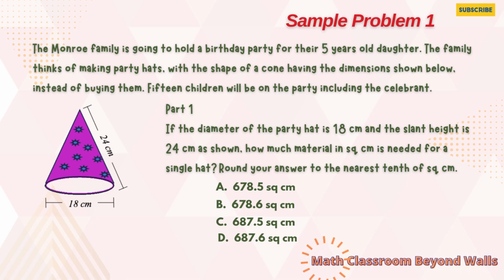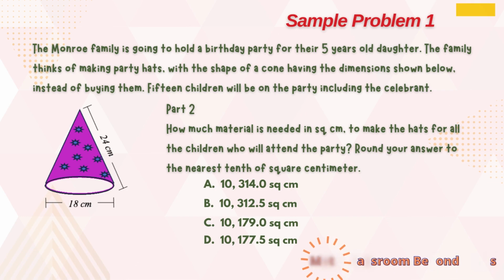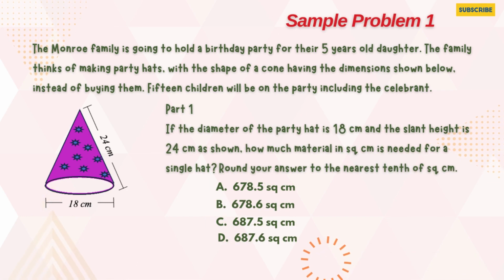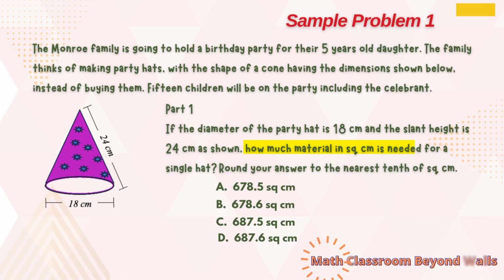As usual, we begin by reading the whole problem and may read it several times when needed to know what we are looking for, to determine what are given, and to figure out how the given information help find what we are looking for. Okay, what are asked in the problem, learners? Here, we're asked to find two things. First, we're to find how much of the material in square centimeters is needed for a single cone-shaped hat.